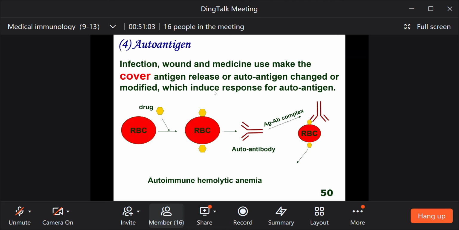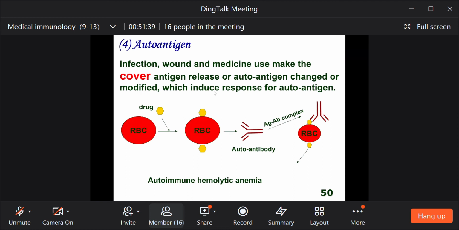This structure has the potential to induce our body to make an immune response, and the B cell will produce antibody against the drug, and the immune response happens. It's not normal. It's an abnormal phenomenon in medicine.